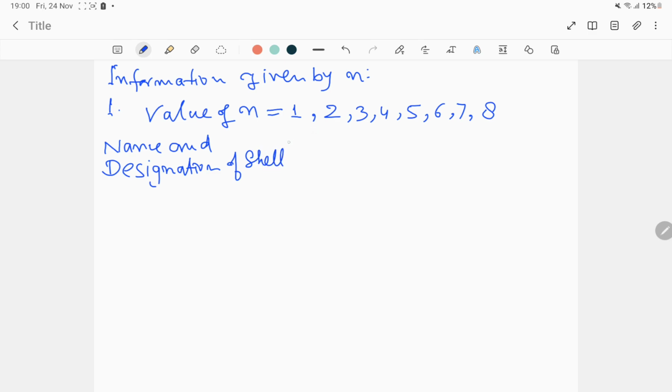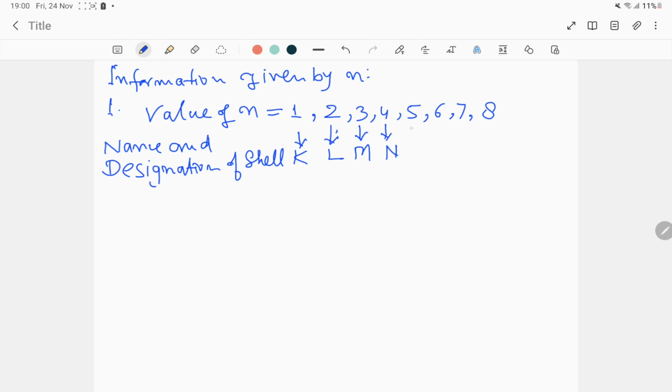If the value of n is 1, then it is K shell. If n is equal to 2, L shell. If n is equal to 3, M. For 4, it is N shell.